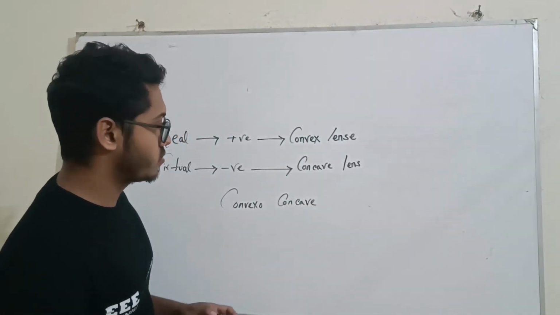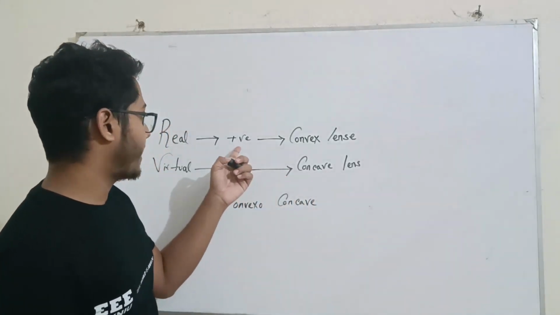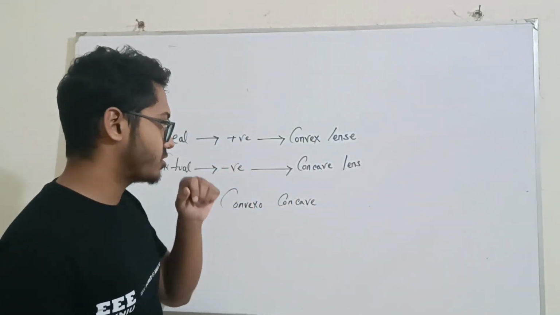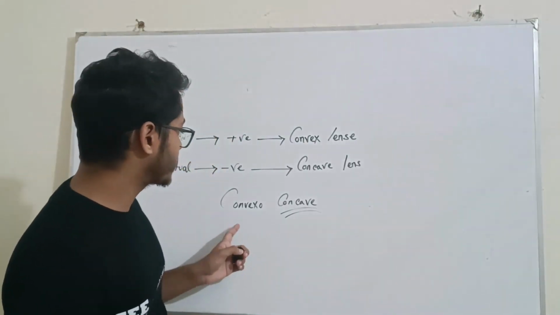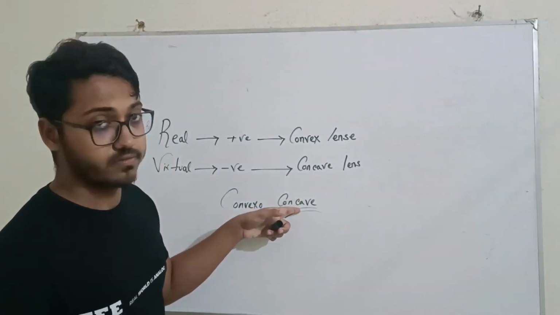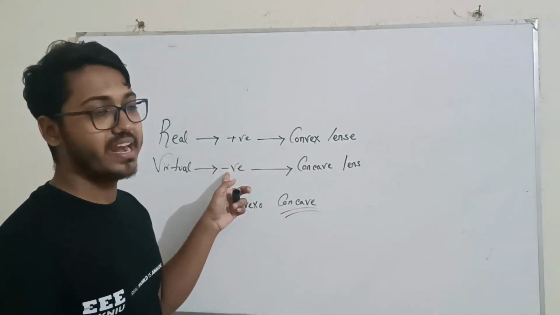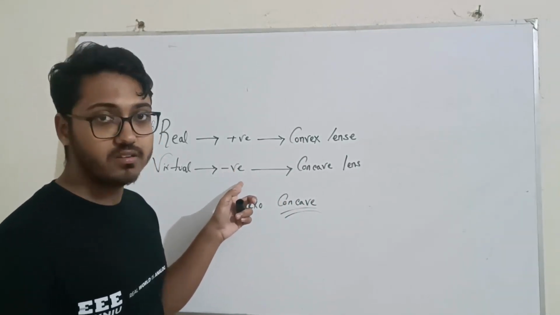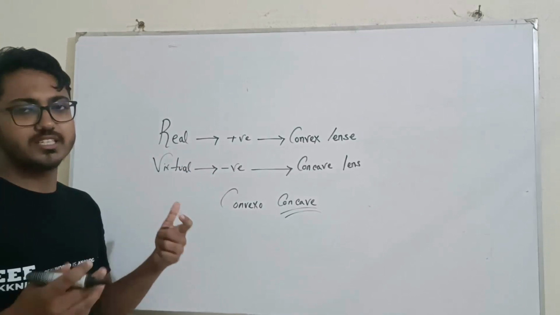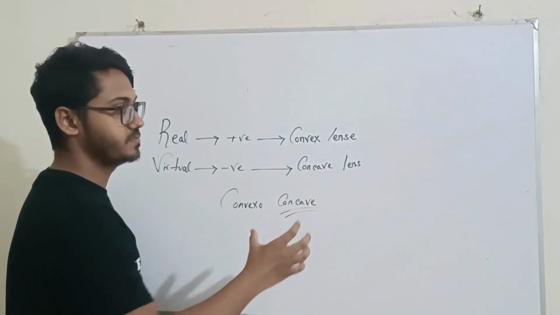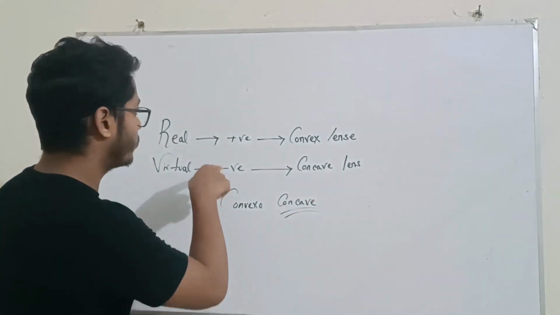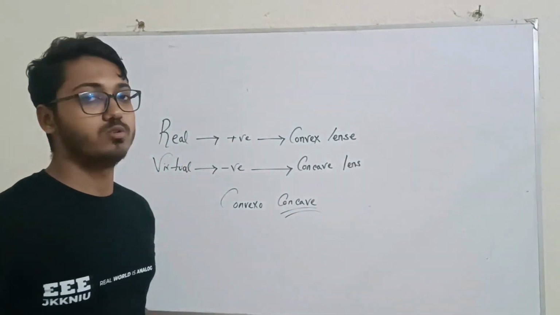In this case, whether we consider plus or minus is based on the last name that has been given. If it is concave, we have the negative sign for virtual, meaning it will exhibit the virtual image property. The last name will exhibit the type of lens, so what sign, positive or negative, will be used.